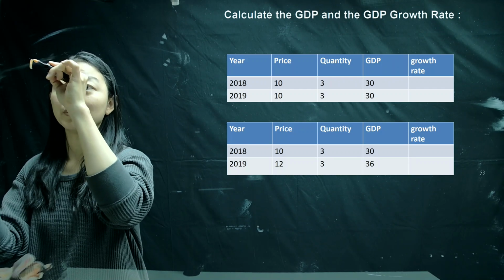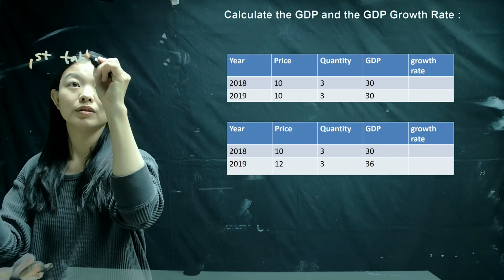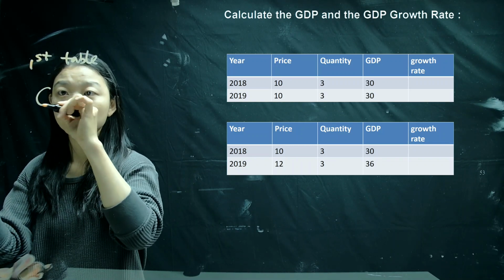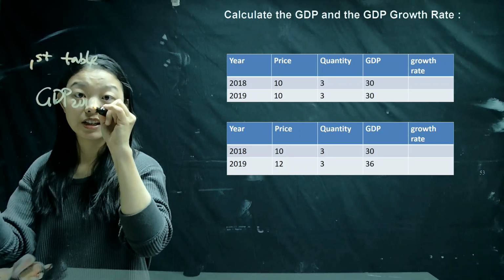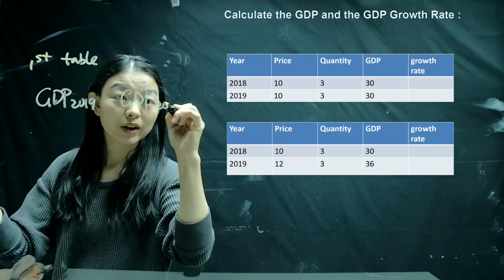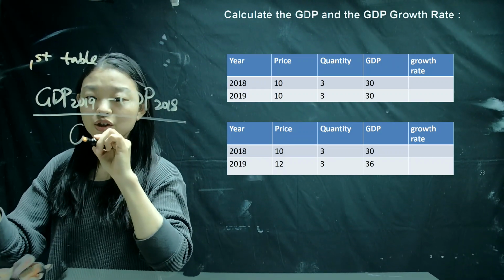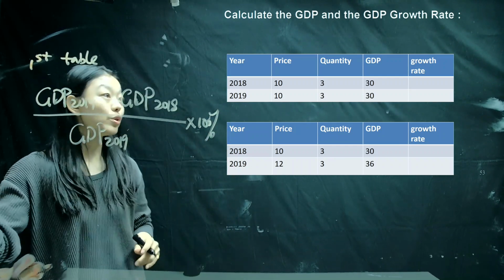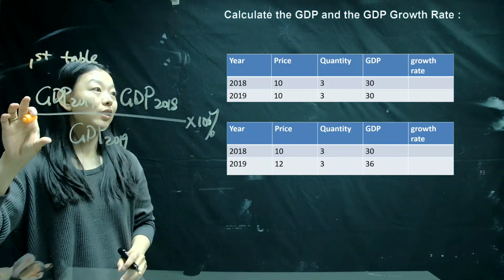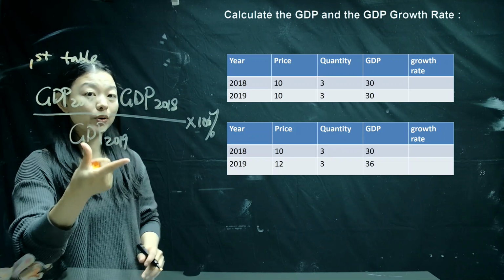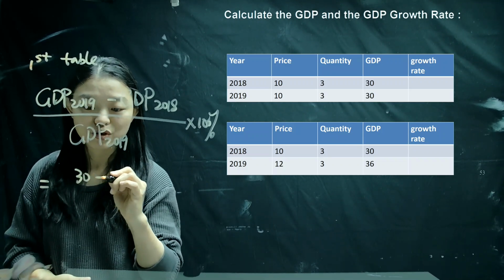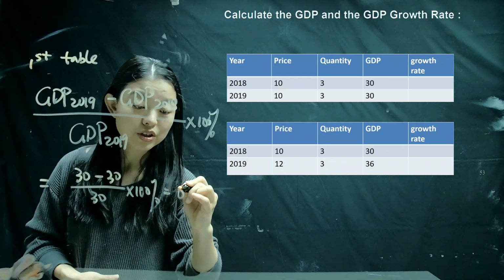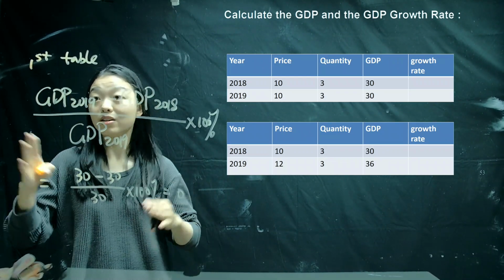We use the GDP in 2019 minus GDP in 2018, divided by GDP in 2018, times 100%. That equals 30 minus 30, divided by 30, times 100%, which means there is no change for GDP in these two years.